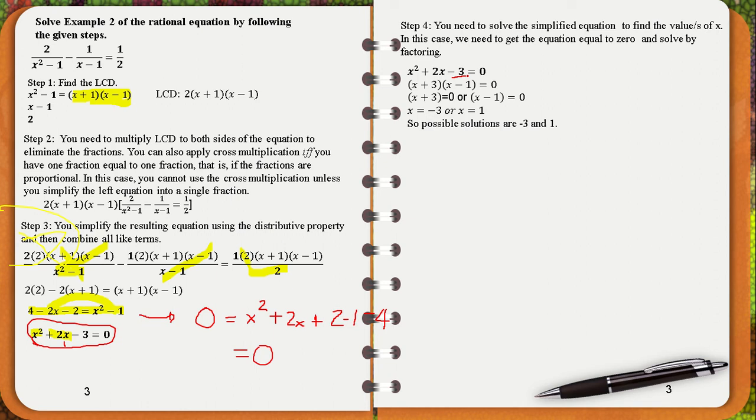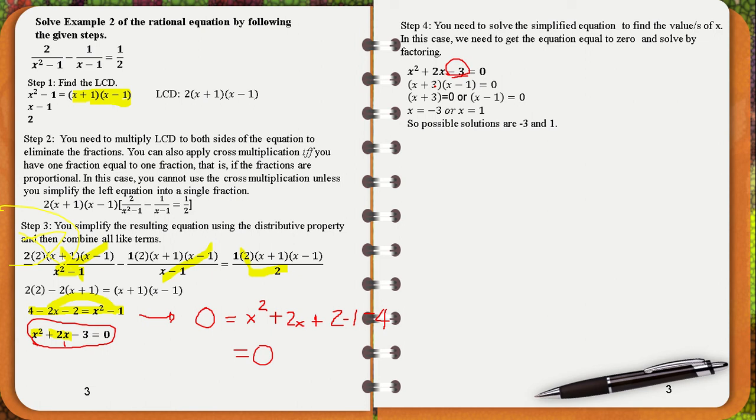So, anong factors ng negative 3 na kapag pinag-multiply natin, makukuha negative 3, at kapag pinag-add natin, makukuha yung coefficient ng middle term na positive 2. So, ang factors po natin ay positive 3 and negative 1. Kasi positive 3 times negative 1, makukuha natin yung negative 3.